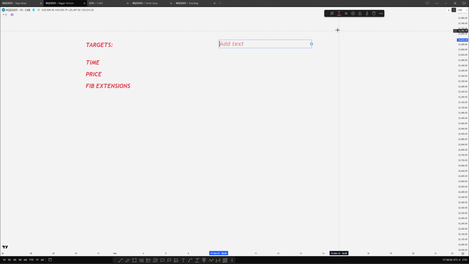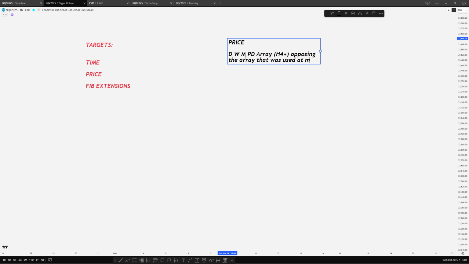If we have a bullish week and we see that, let's say, Tuesday makes the low, what are we looking for on our Tuesday trade at 9:50 to be targeting? Preferably, if we could hold it till Thursday, that's great. I know sometimes you just can't hold it until close, so it's best sometimes just to close it out at 16:00. So what are we looking for to meet the weekly high? Obviously, price is going to be some sort of daily, weekly, or monthly PD array, so basically any sort of 4-hour plus array, preferably opposing the array that was used at manipulation.